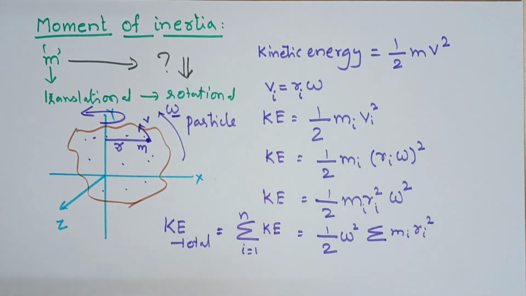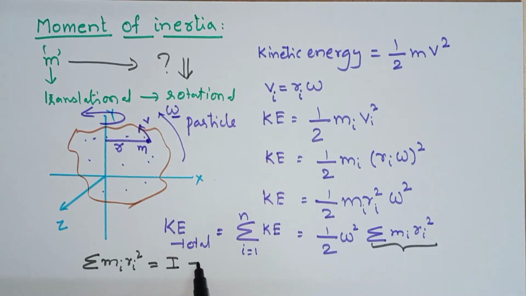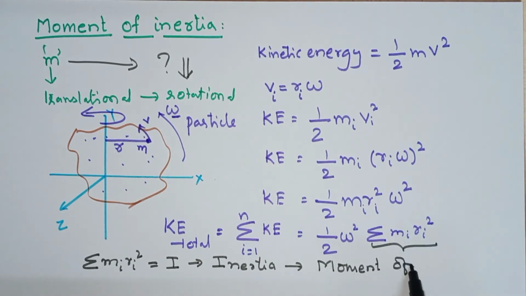Now what is this parameter, m i r i square? Sigma m i r i square is written as I, which is called inertia, also called moment of inertia.